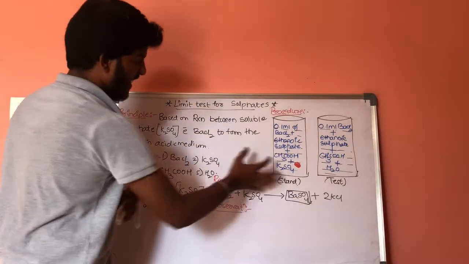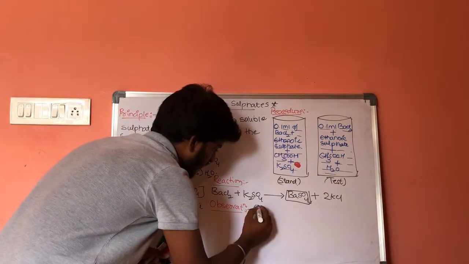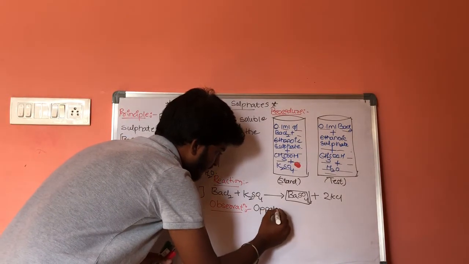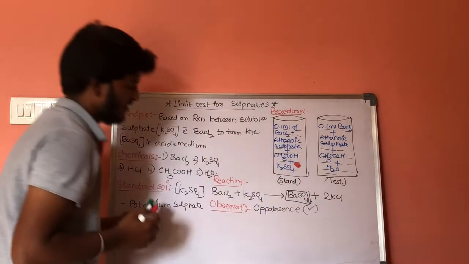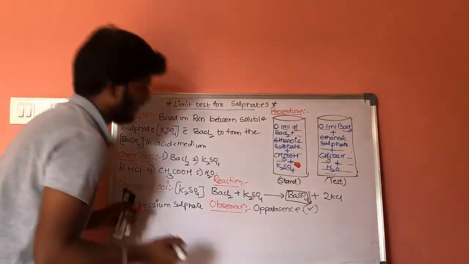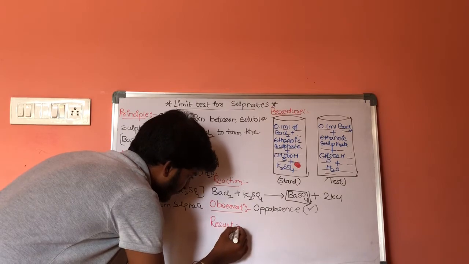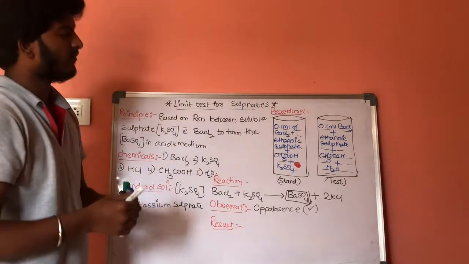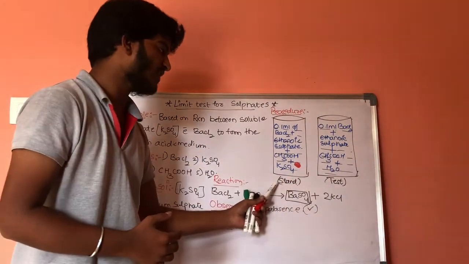Next, let us discuss the observation. Opalescence can be seen in the standard solution. Now coming to the result: the opalescence in the test solution will be less than that in the standard solution.